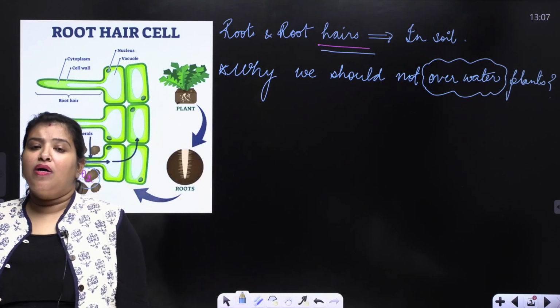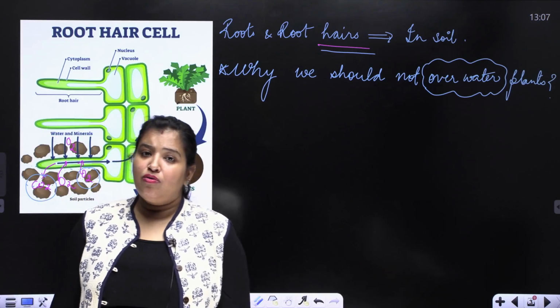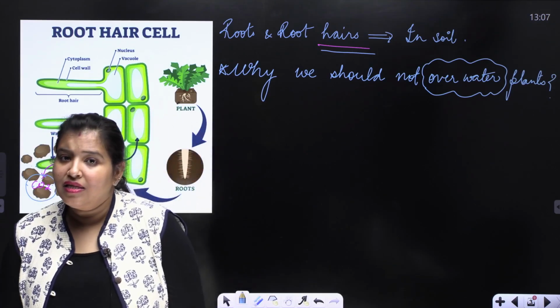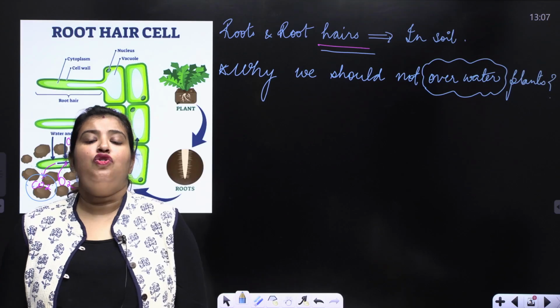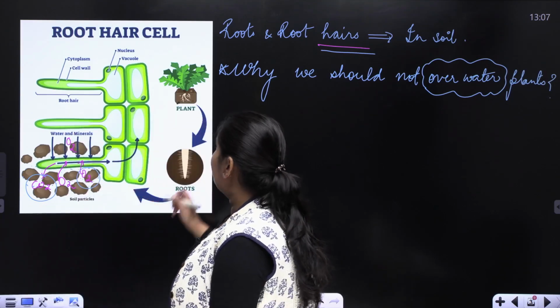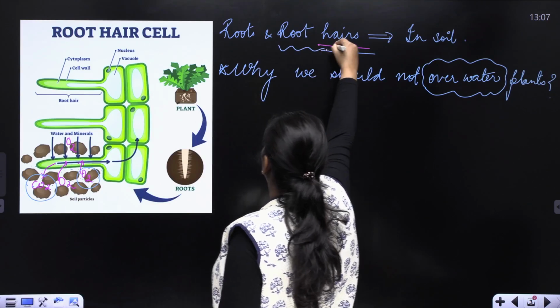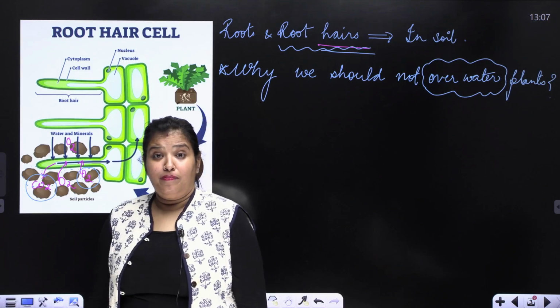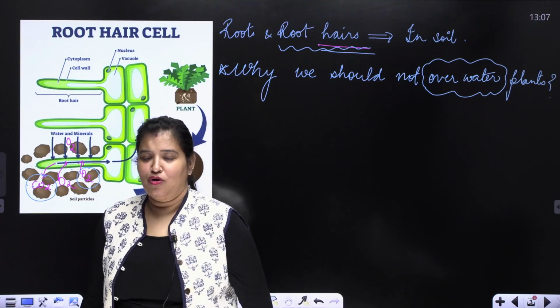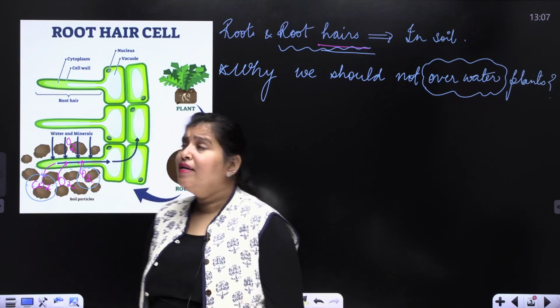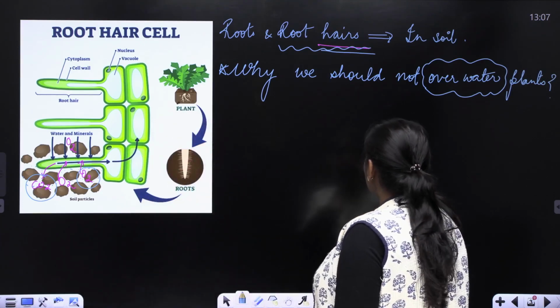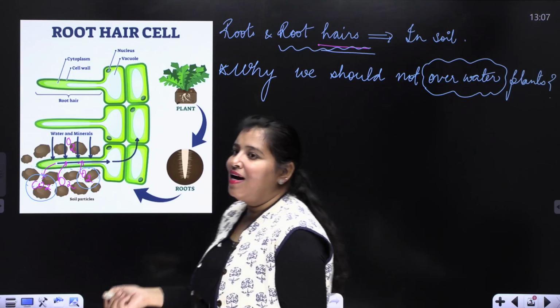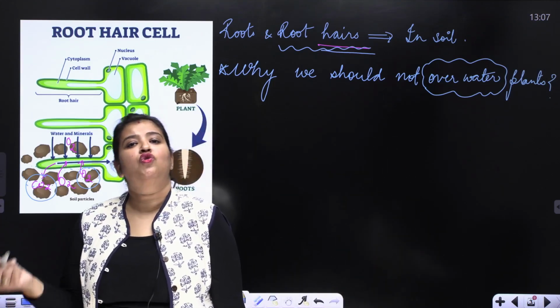Because the water that you've added to the soil replaces the soil air. And so no gaseous exchange can be performed by the root hairs, resulting in the death of the plant, I'm sorry. Now this can also be asked, why plants die in waterlogged soil.